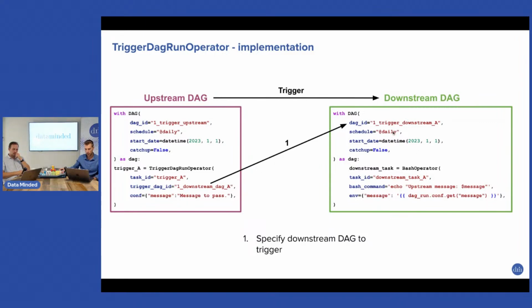Here, you trigger it by identifying the ID of the downstream DAG. And then there is an optional thing you can also do. You can pass a message to your downstream DAG. So for example, this can be the date at which this upstream task is executed. Then you can pass it to a downstream DAG. The downstream DAG can then read this date.